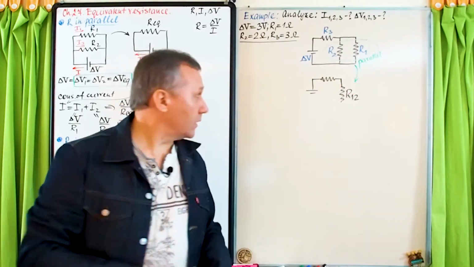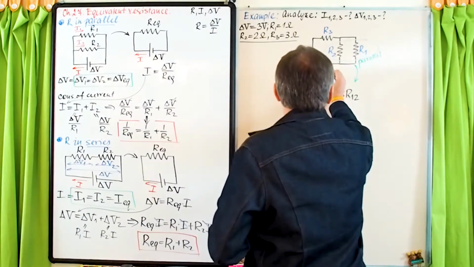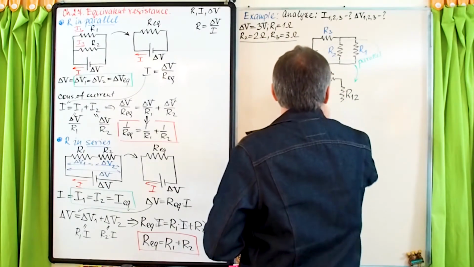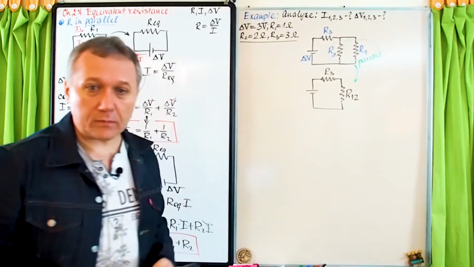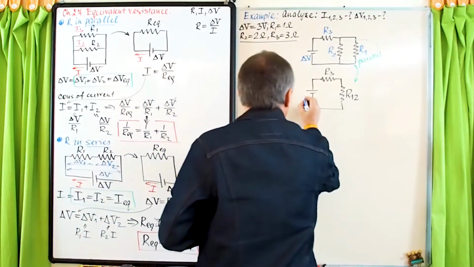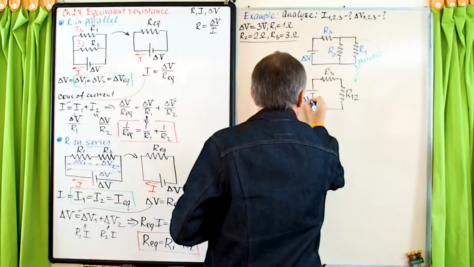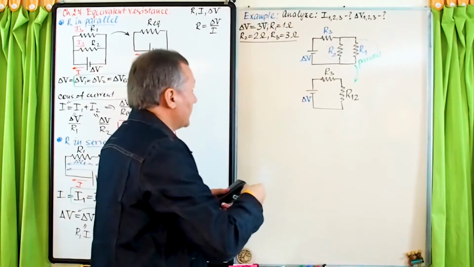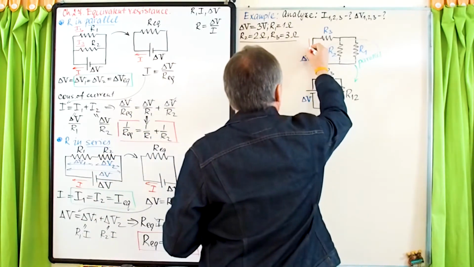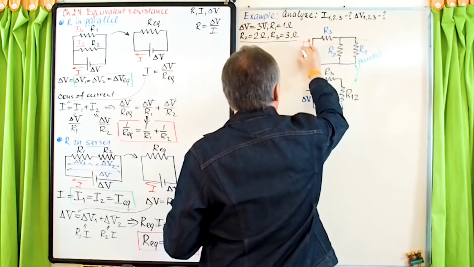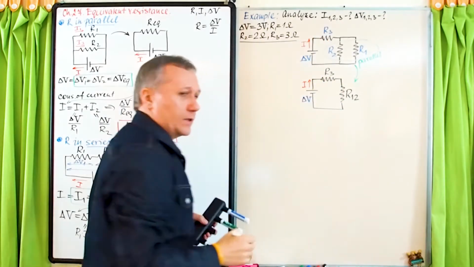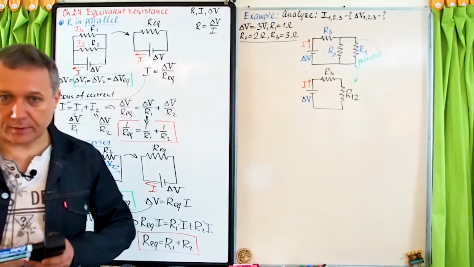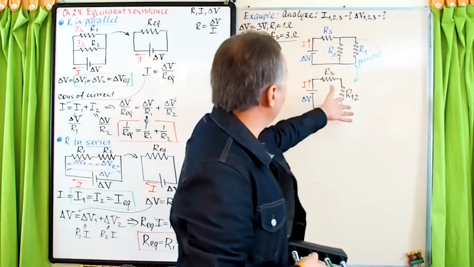And R3 is still there because we don't do anything with that resistor. The battery still works in exactly the same way, still the same delta V. And if current I is taken from this battery, exactly the same current must be taken from the battery in this equivalent circuit.